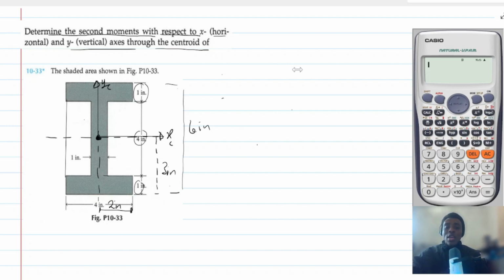So let's begin from the first area. We are going to divide the areas into area 1, area 2, and area 3.